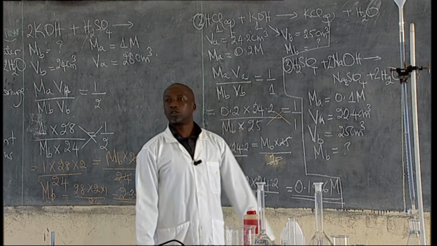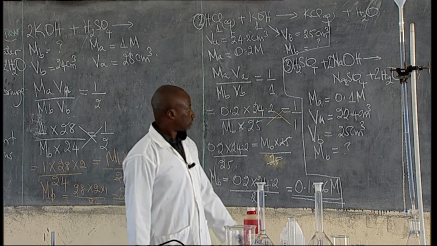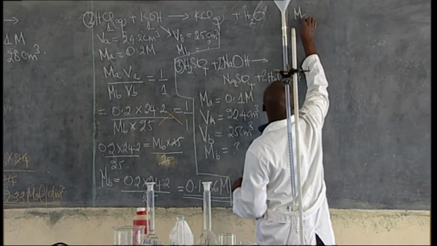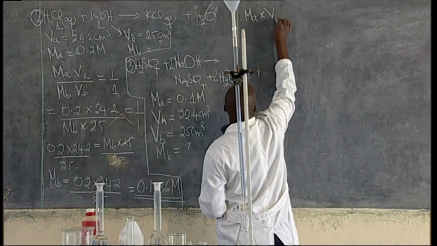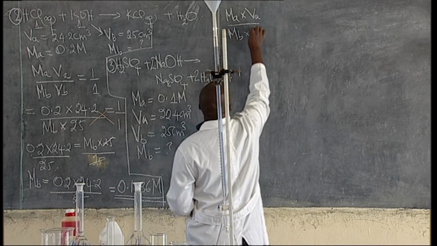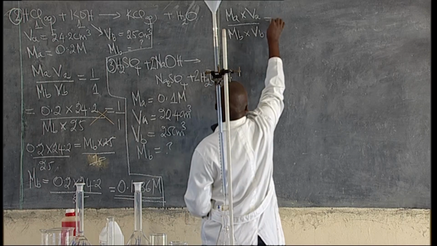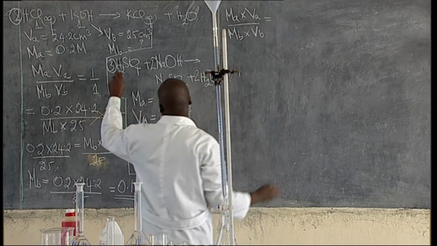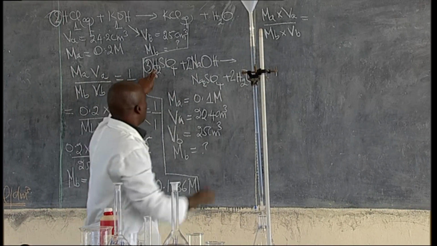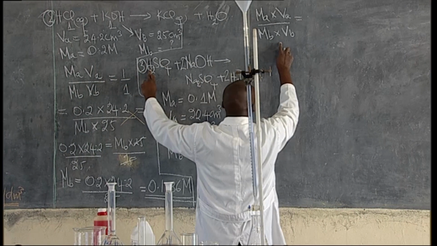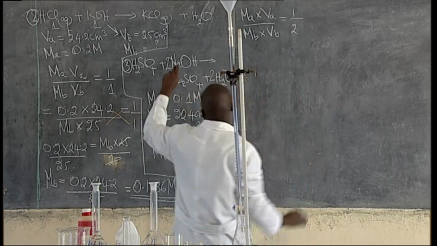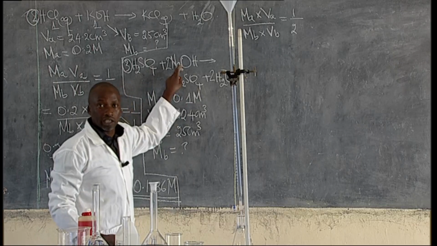Remember the reaction ratio. So you have molarity of the acid times the volume of the acid over molarity of the base times the volume of the base, which will be equaling. You see that? Sodium hydroxide, acid. So the acid is below. So that means sodium hydroxide, so we'll say 1/2. You see where the trick is?